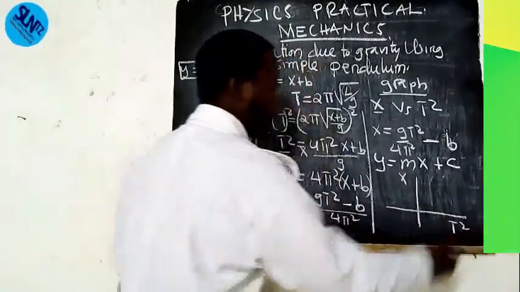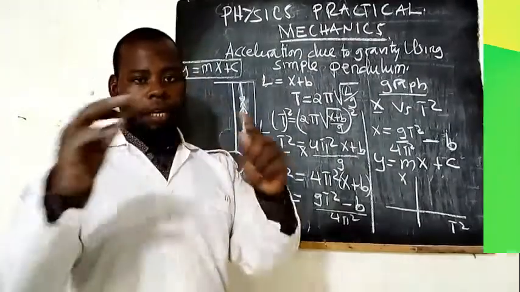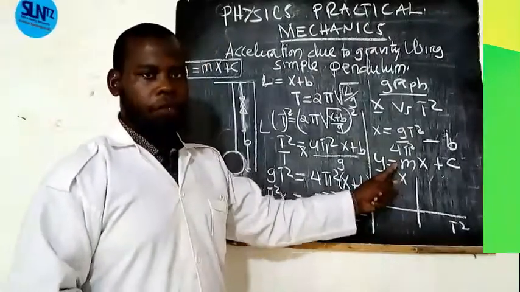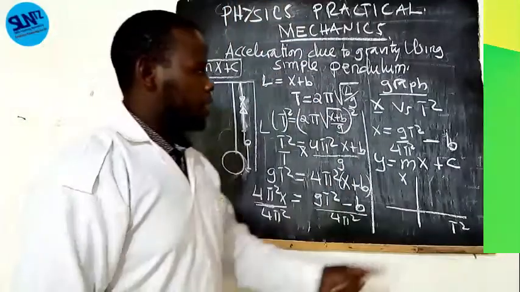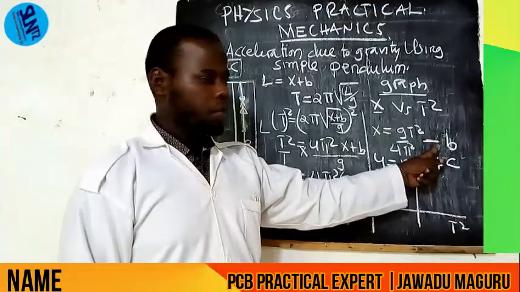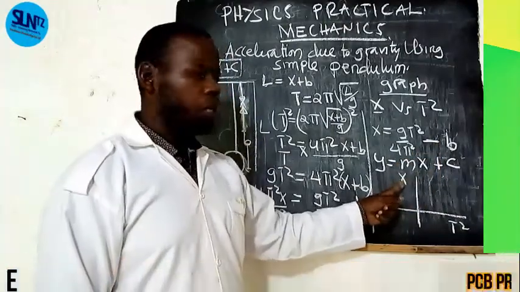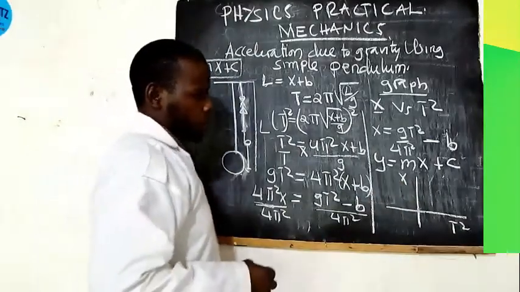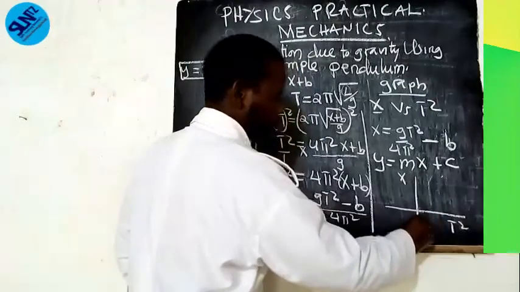I have said the first we look at the gradient of your graph. This is positive, so it will be straight, and this is negative. Don't look at this equation. This is a negative y-intercept. So it means it will be straight but cut across the negative side.